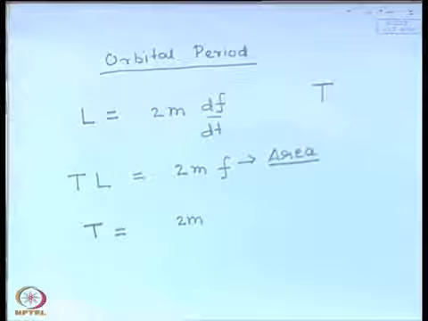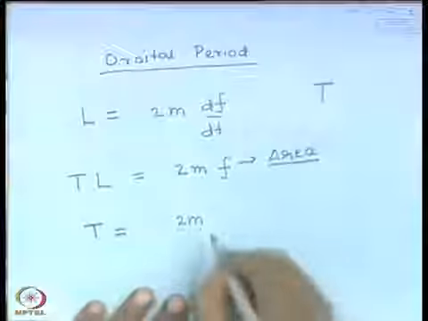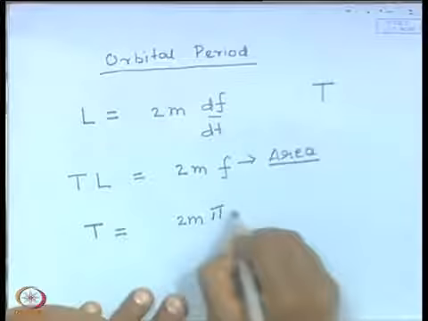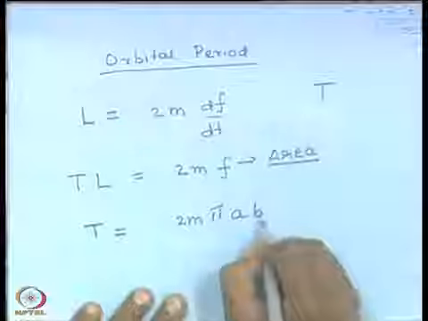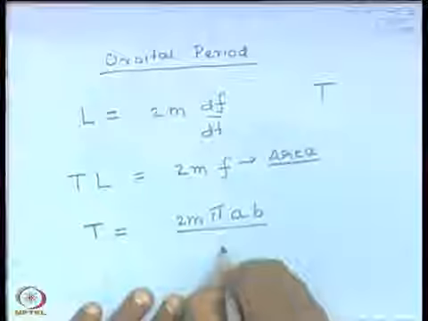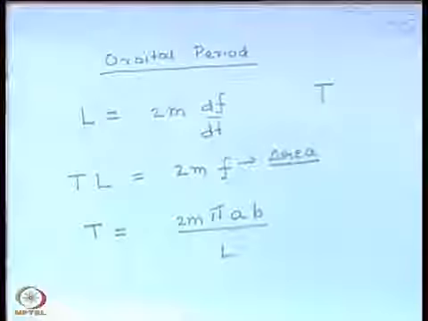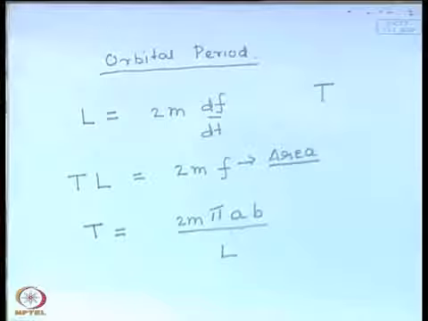We know what the area of an ellipse is. It is pi into AB. So, it is 2m pi into A into B divided by L. Okay. So, we have worked out the orbital period for this motion.